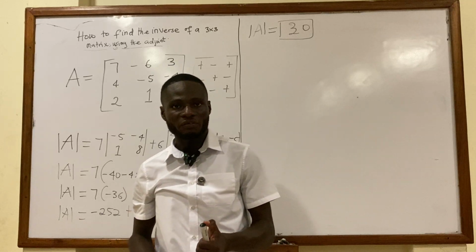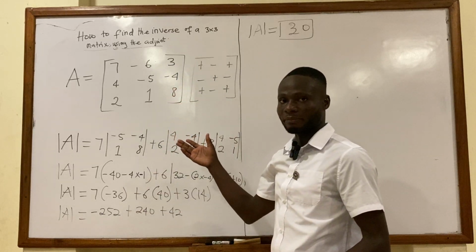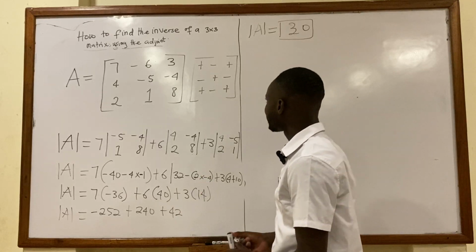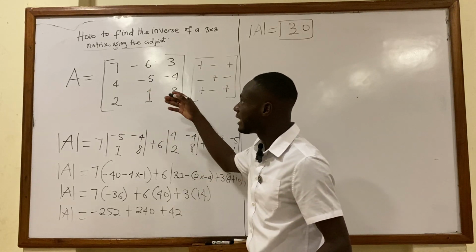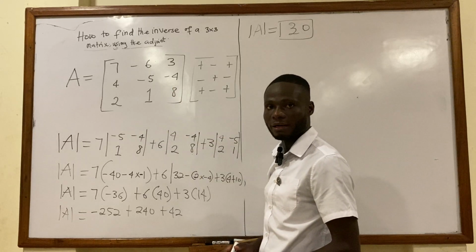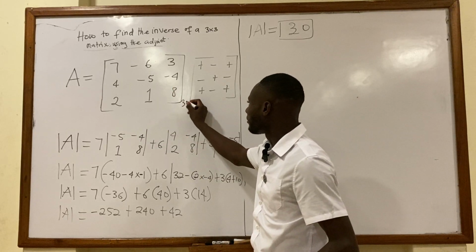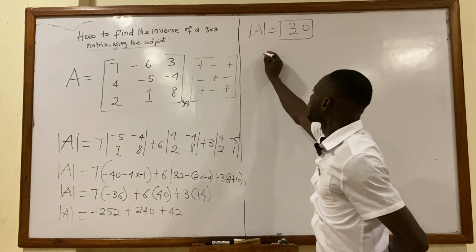So what is next for us to do so that we can find the inverse of this 3 by 3 matrix? All right. So next, we have to find the cofactors of this 3 by 3 matrix.